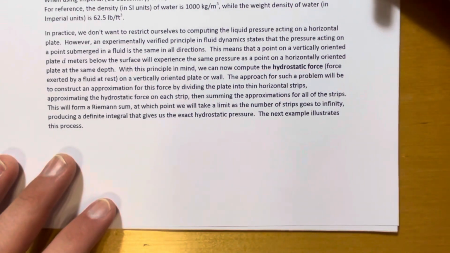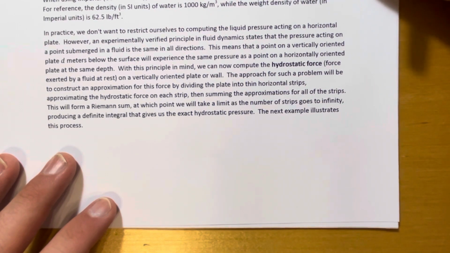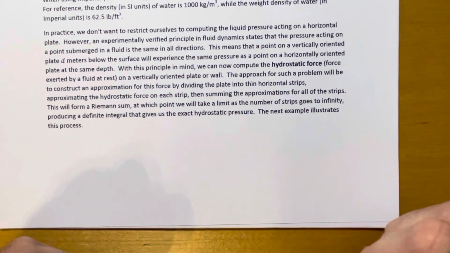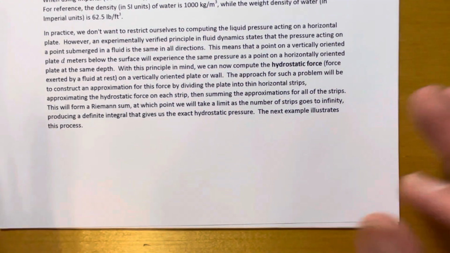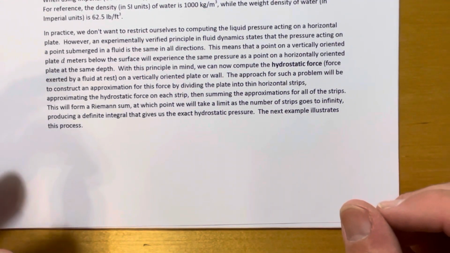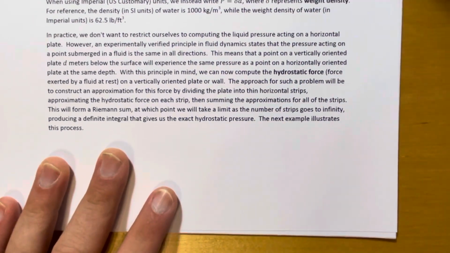Then we're going to approximate the hydrostatic force on each one of those little horizontal slices, simply because rectangles are the easiest geometric shape to work with when it comes to something like this. We're going to use those as an approximation, sum them up, and take a limit, which is going to end up giving us a definite integral.